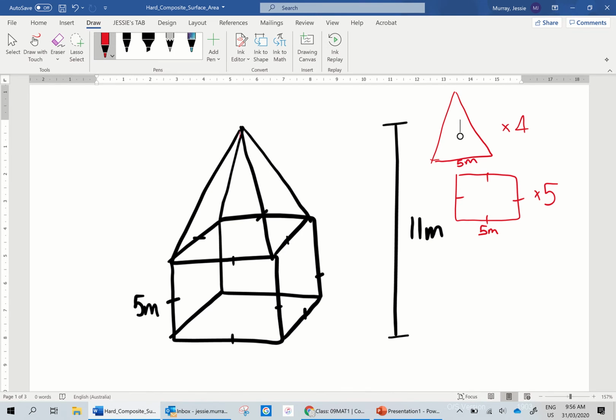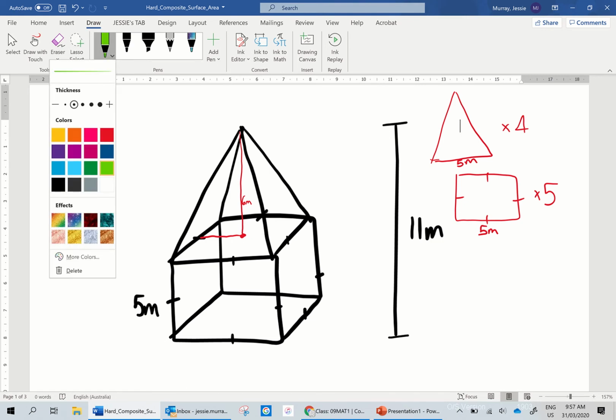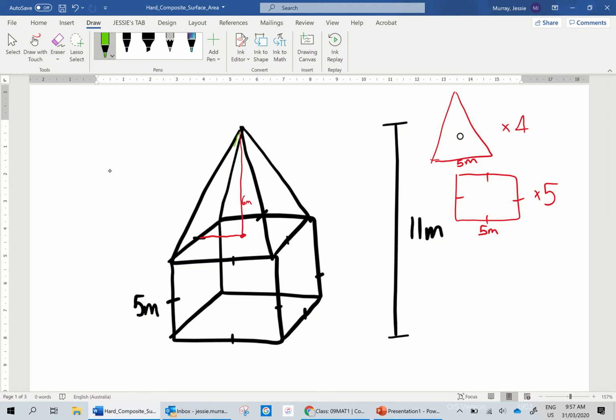So what that means is I know from the top to the middle of that square, the perpendicular height there is 6 meters, because 6 here and 5 there makes 11 together. What I need to do, and this is a tricky thing to understand, and I hope that you do get it, is find the hypotenuse of that triangle.